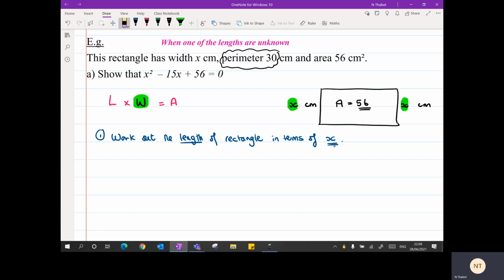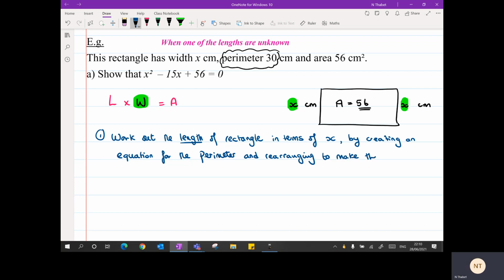You're going to do that by using the perimeter, by creating an equation for the perimeter and rearranging it to make the length the subject.